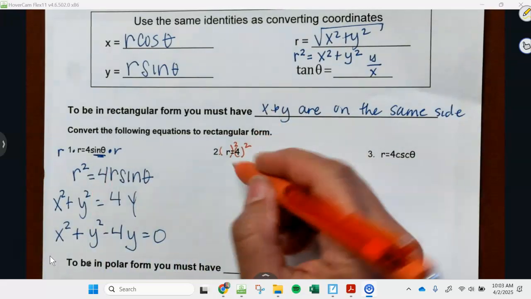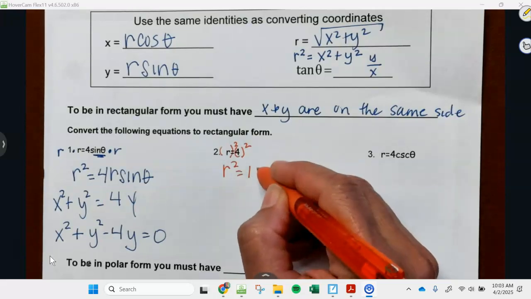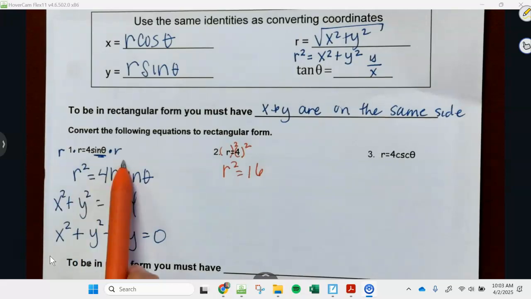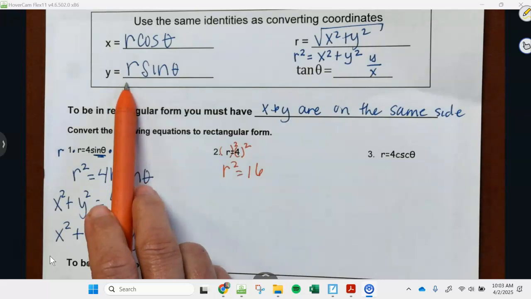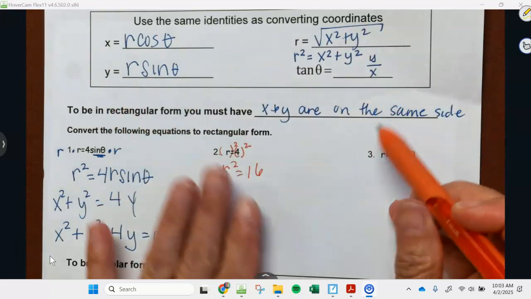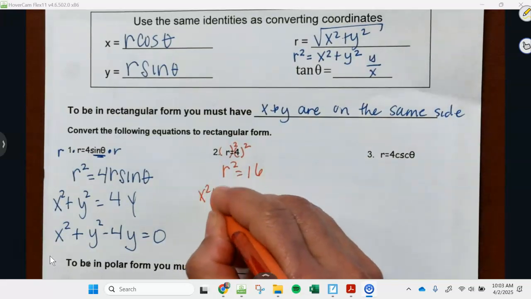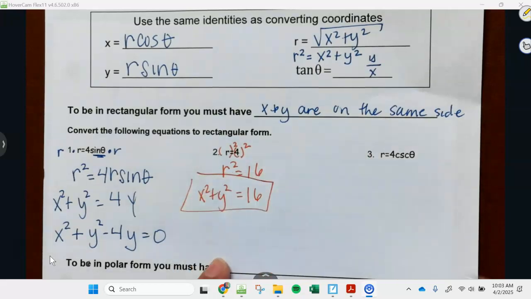The reason why I squared this is because I don't have sine or cosine. The reason why I multiplied both sides by r is because I had sine, but I needed an r next to it. So now that we've squared both sides, r squared is x squared plus y squared. That's it. That's the answer for that.